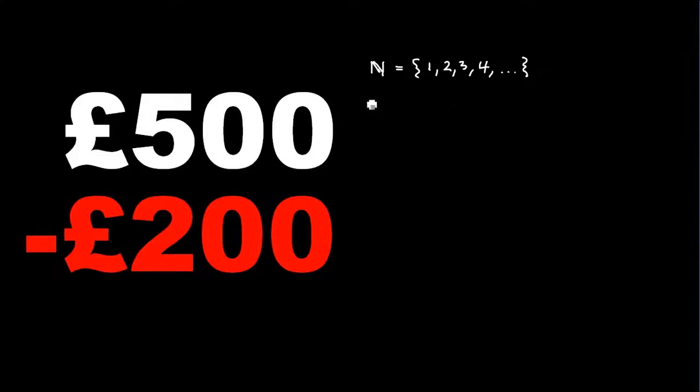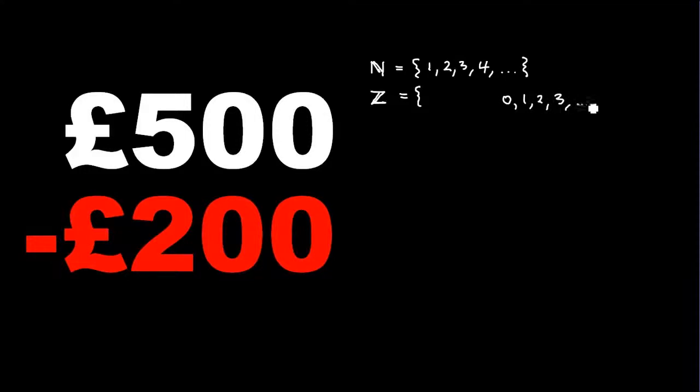But we needed to introduce the set of integers. We use the Z symbol here for Zahlen. Z is the set of integers. We needed to introduce this negative direction. So first of all, we needed to introduce the idea of 0, 1, 2, 3.